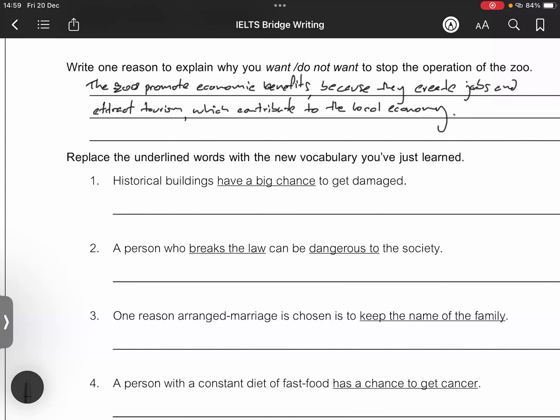Okay, that would be the third reason or the third advantage of having a zoo.